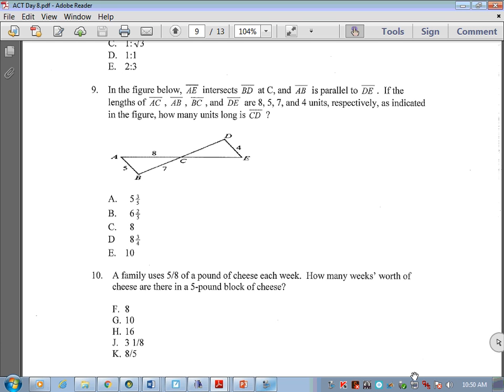Number 15 is 3/2. Number 16 is 7m over 2. Number 17 is 150. Number 18 is 135 degrees. Number 19 is $196. Number 20 is 12.5. Number 21 is 12.